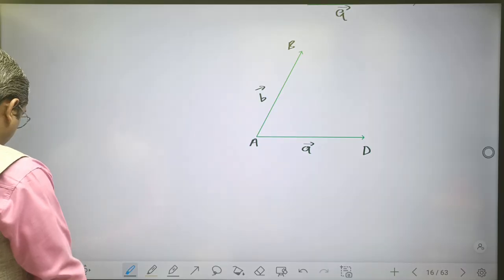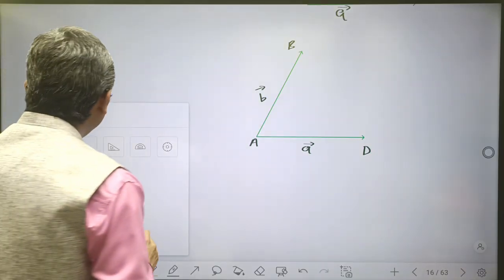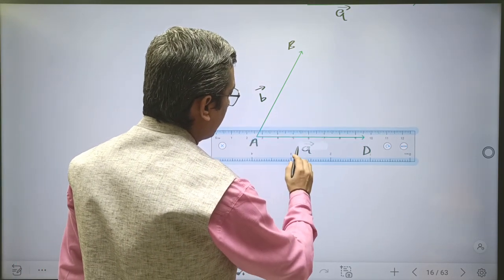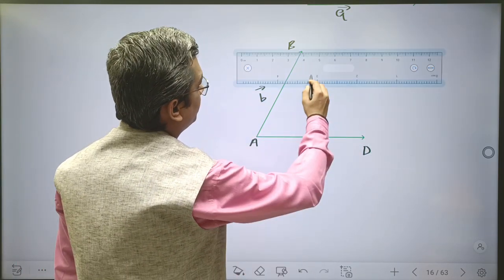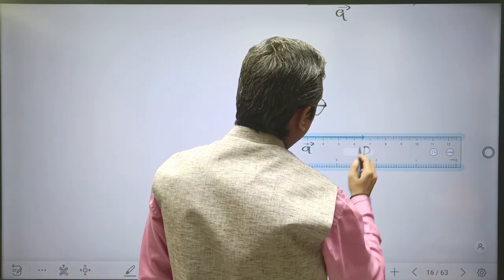First, we draw a line parallel to vector A from here, with the same length, suppose 6.6 centimeters.